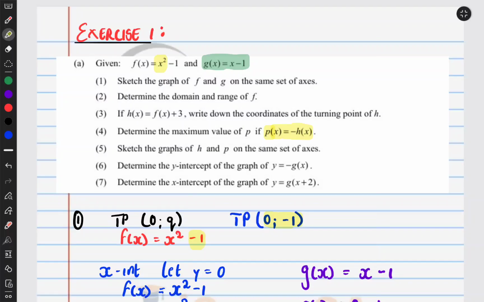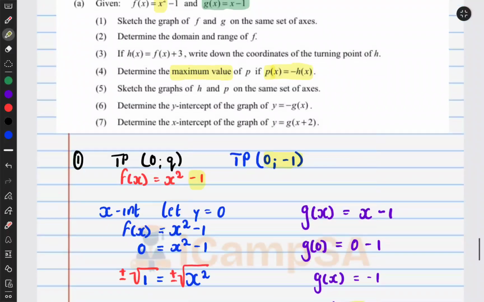Negative h at x. The reason why we have a maximum value now is that this function p will be a negative version of the function h. So it's going to be reflected and facing down.